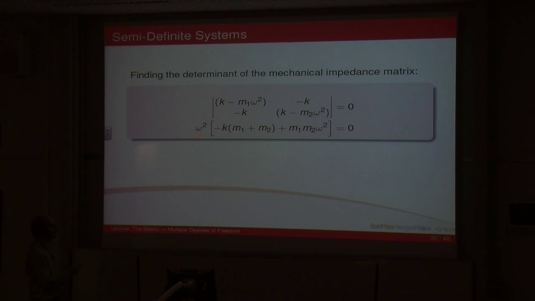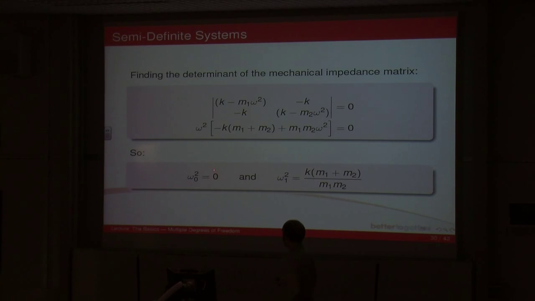So what we have is what's known as the 0th mode, or the 0th natural frequency of 0. And the second one, or the first natural frequency, is when you set this equal to 0, you can solve it, and you end up with this equation. Obviously the square root of this will be omega 1. This is called omega 0.